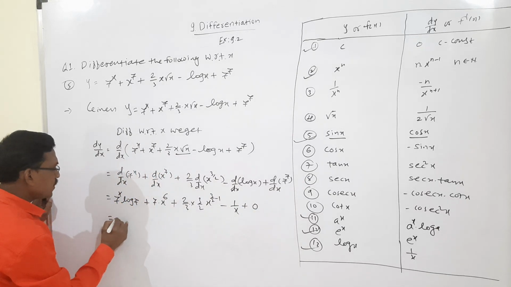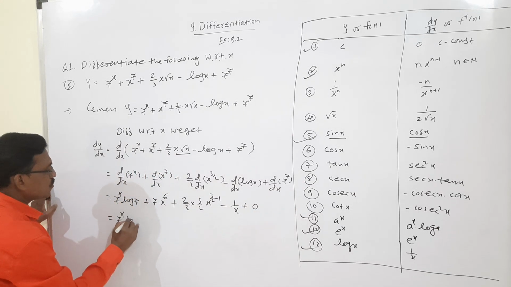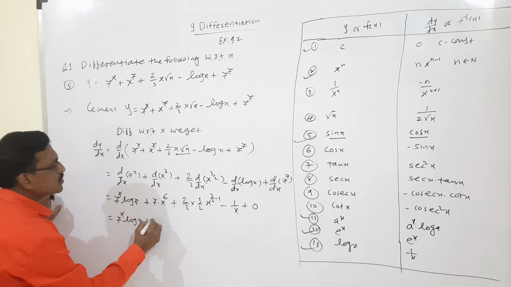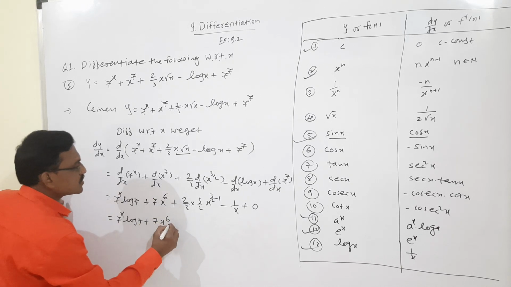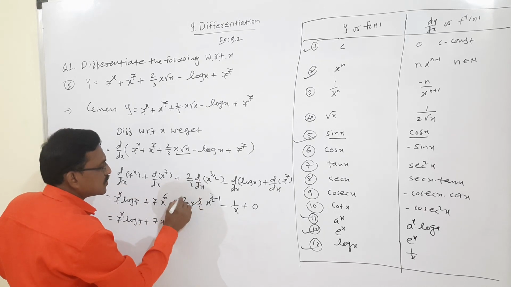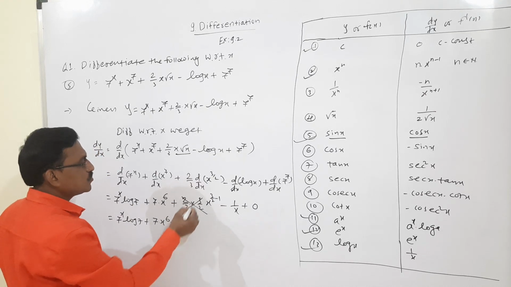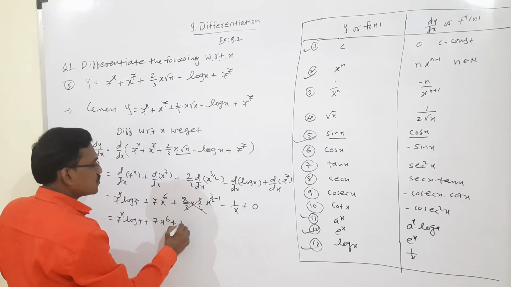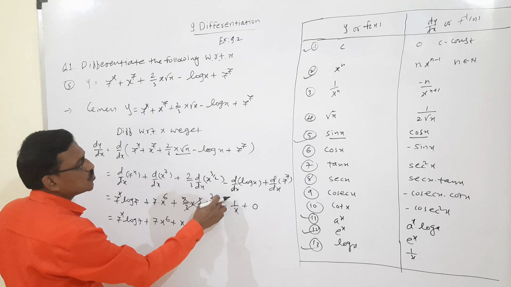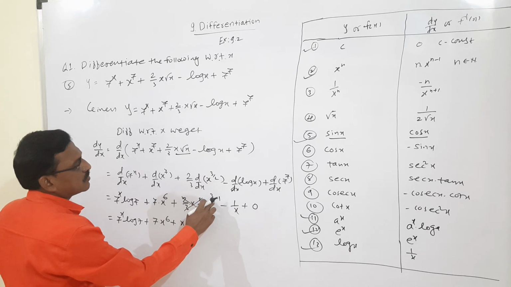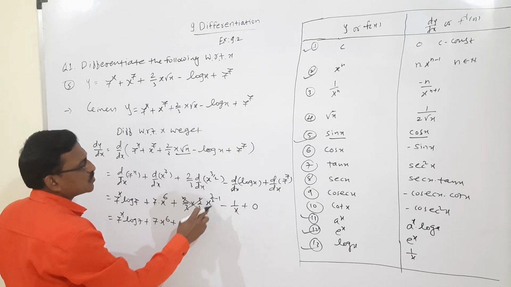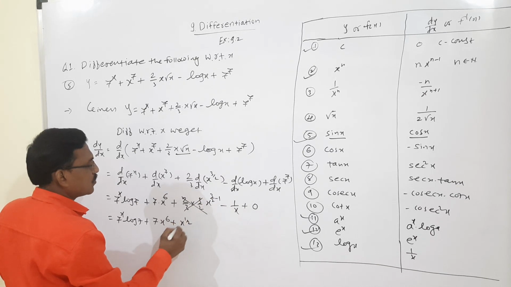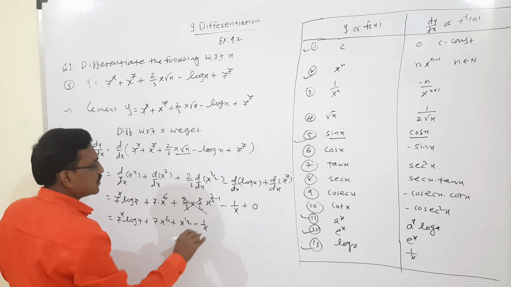So therefore it is 7 raised to x into log 7 plus 7 into x raised to 6 and plus, here these two are cancelled, 2 2 3 3 cancel, so x raised to power 3 by 2 minus 1, it is 1 by 2 again, 2 1s are 2, 3 minus 2 is 1, 1 by 2, minus 1 by x here.